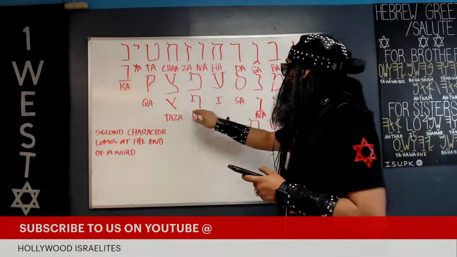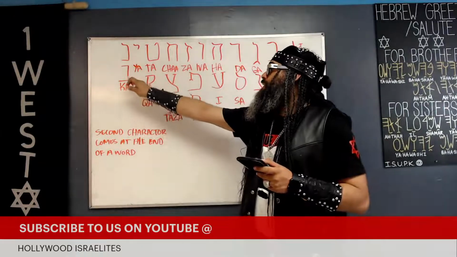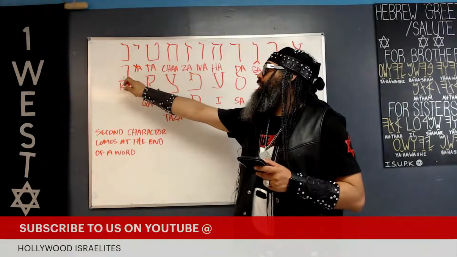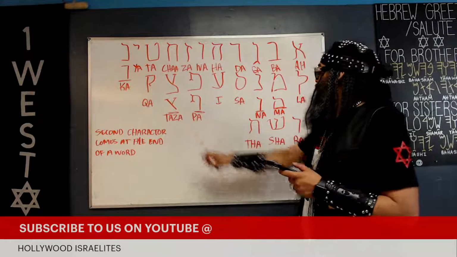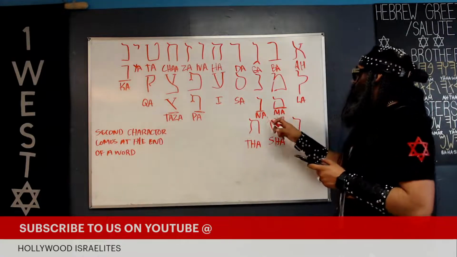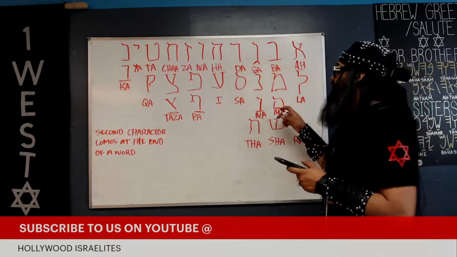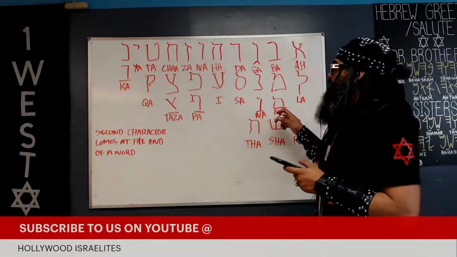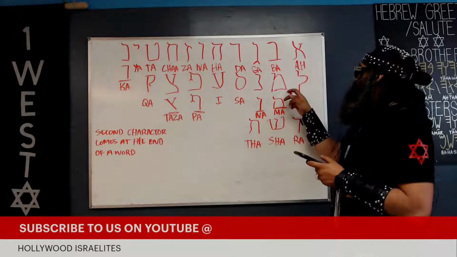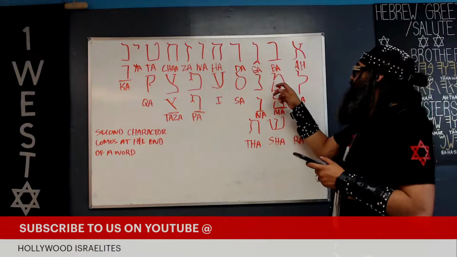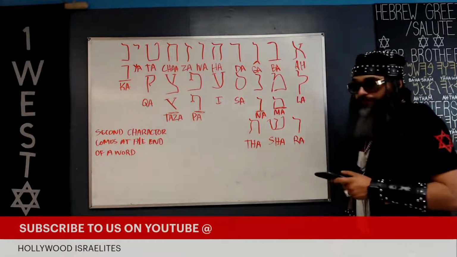So you have the ka, this character comes in at the end of a word. The pa, the taza, the ma, the la, and the na. Every time these characters fall at the end of a word, we're going to use the second character, not the first. The first ones are always used in the beginning and in the middle of a word.